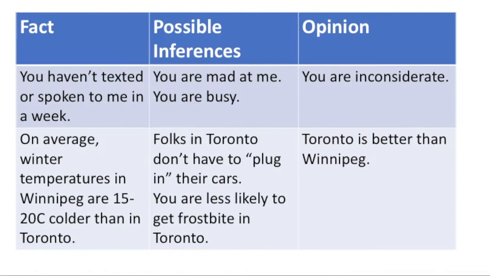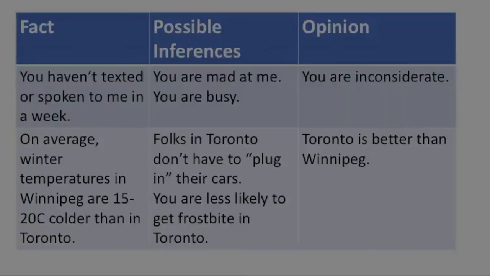An opinion would be, "you are inconsiderate." Moving down, fact: "on average, winter temperatures in Winnipeg are 15 to 20 degrees Celsius colder than in Toronto." Two possible inferences or interpretations. One, folks in Toronto don't have to plug in their cars. Two, you are less likely to get frostbite in Toronto. An opinion would be, Toronto is better than Winnipeg.